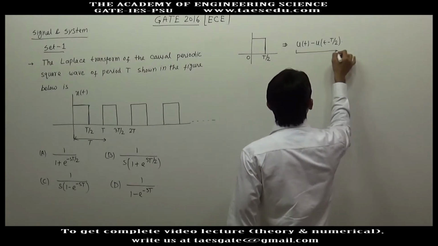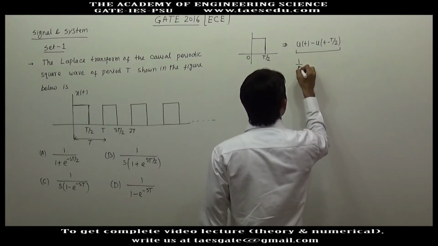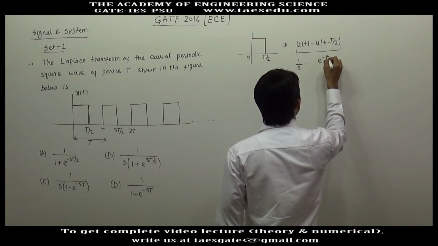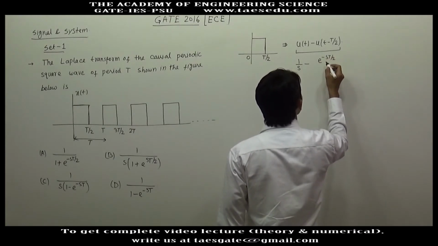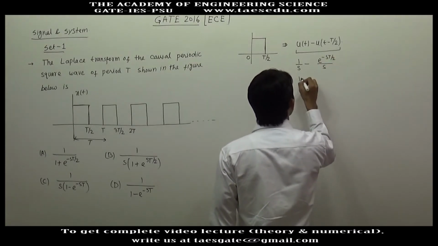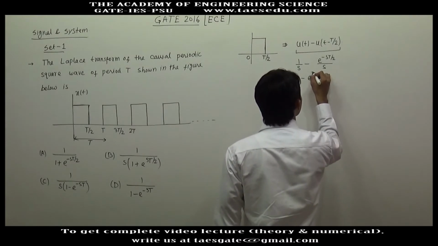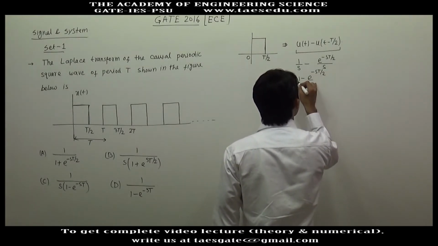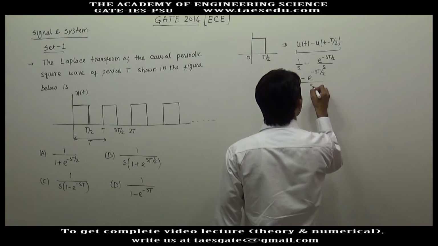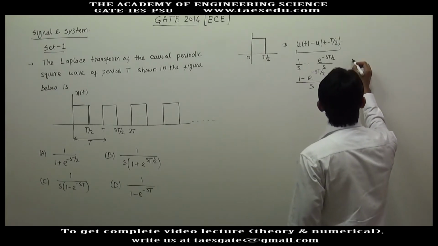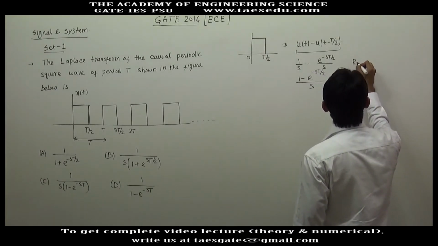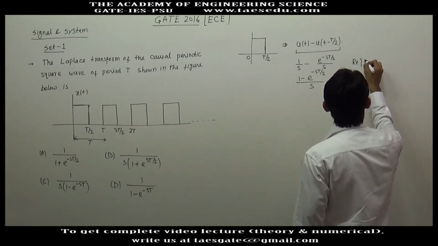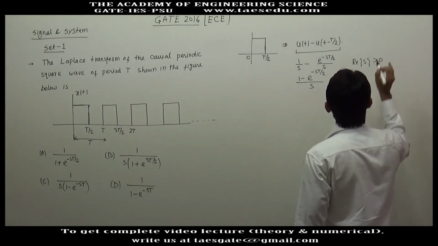The Laplace of the signal will be 1/s minus e to power minus sT by 2 divided by s, provided the region of convergence, the real part of s, is greater than 0.